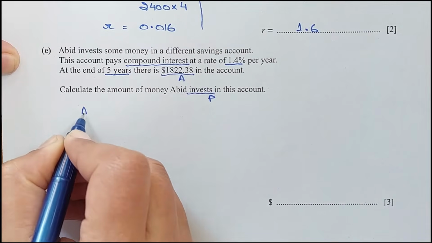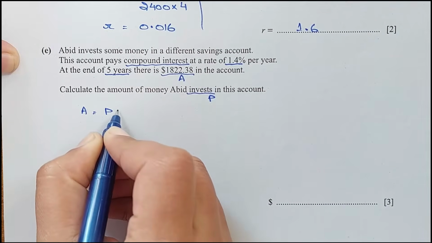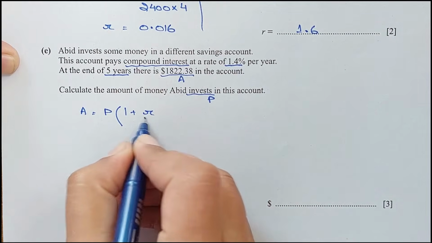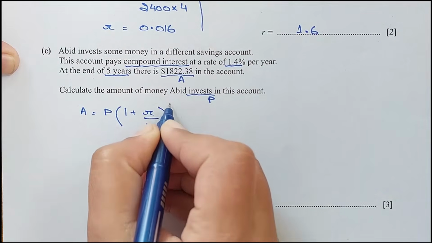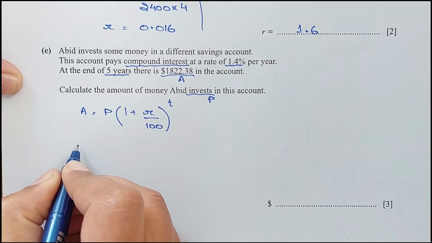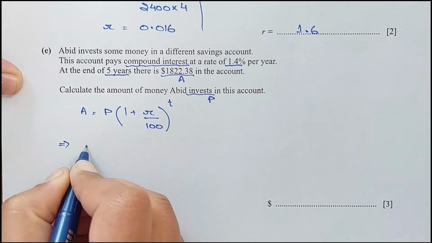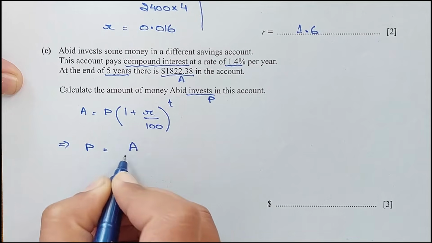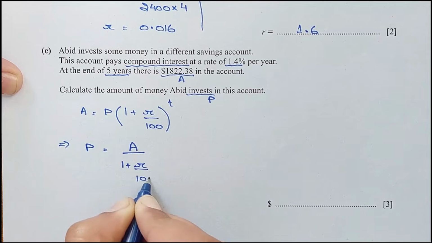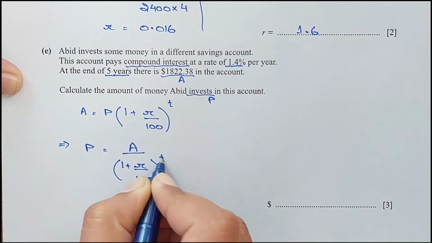So the compound interest formula is A equals P times (1 plus R over 100) to the power T. Okay, so the amount is given and we have to solve for P. P is A over (1 plus R over 100) to the power T, right?